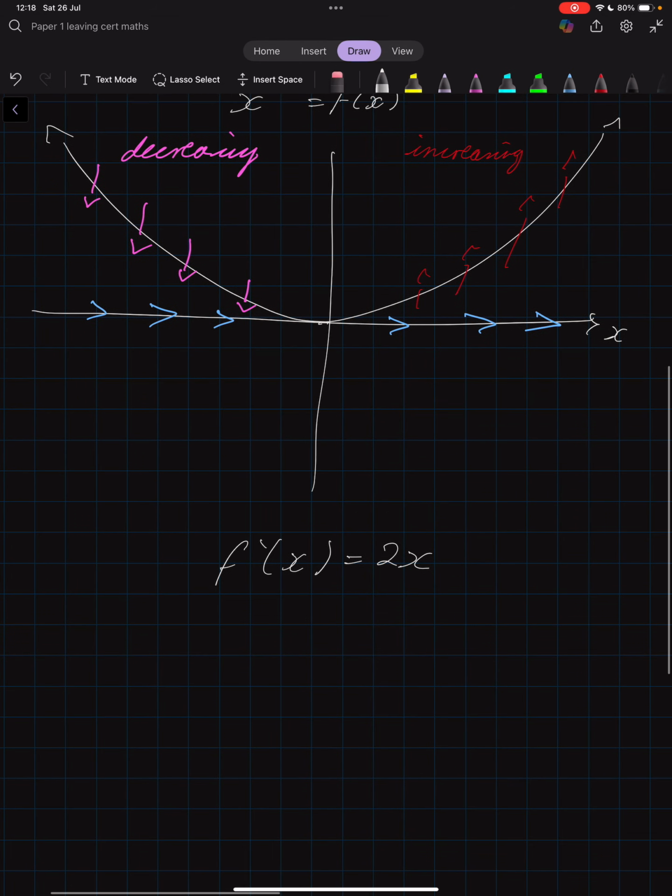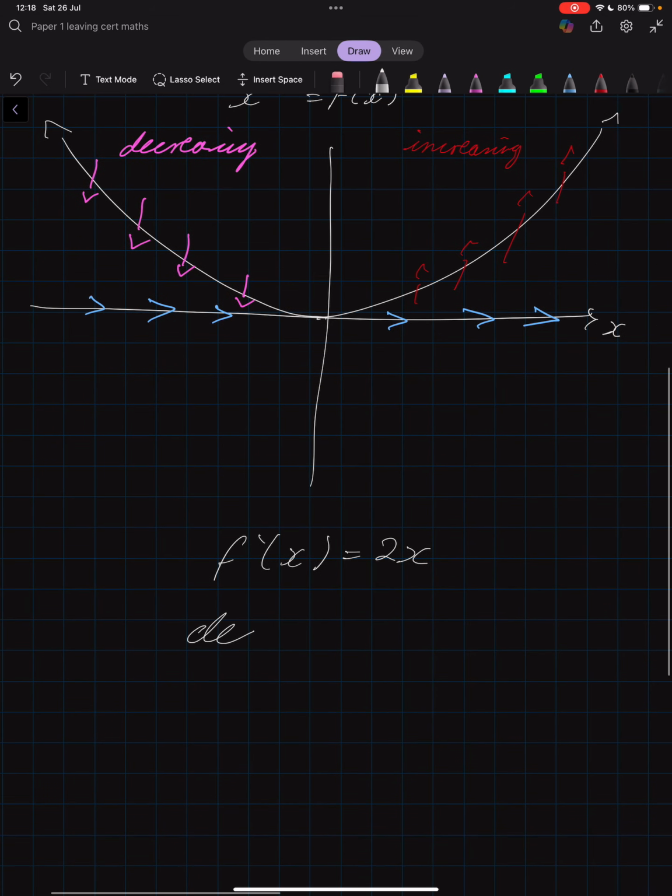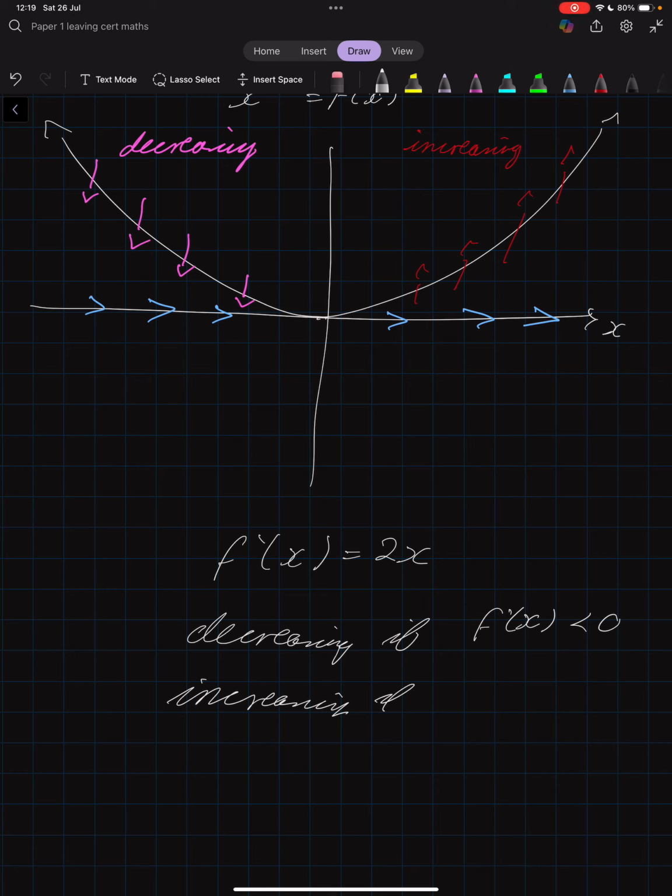Now, if I ask you when this is decreasing, it's decreasing if f prime of x is less than 0, and it's increasing if f prime of x is greater than 0. Remember, this is just slope. The slope is negative on the left side over here, therefore it's decreasing. The slope is positive on the right hand side here, and therefore it's increasing. That's all I'm saying there.